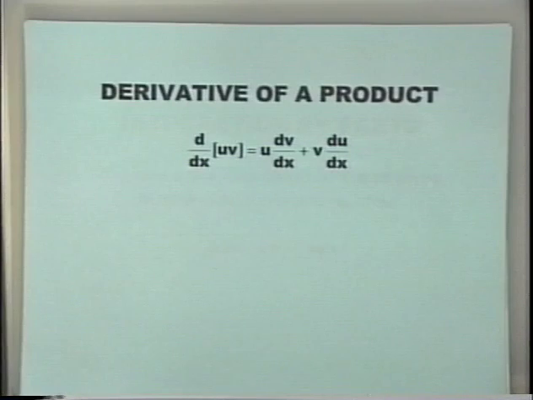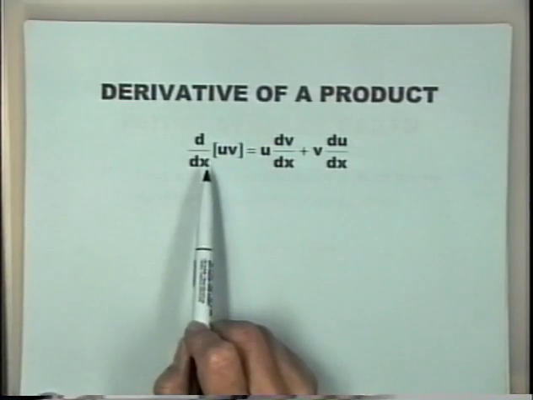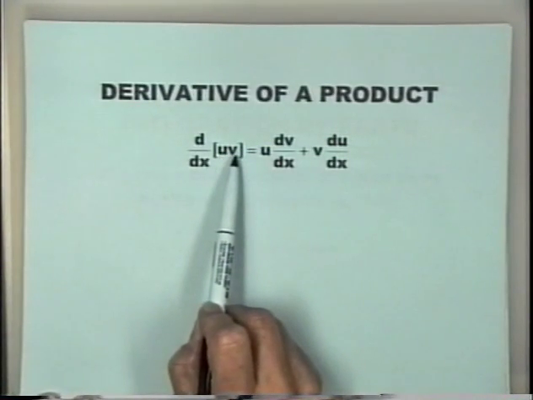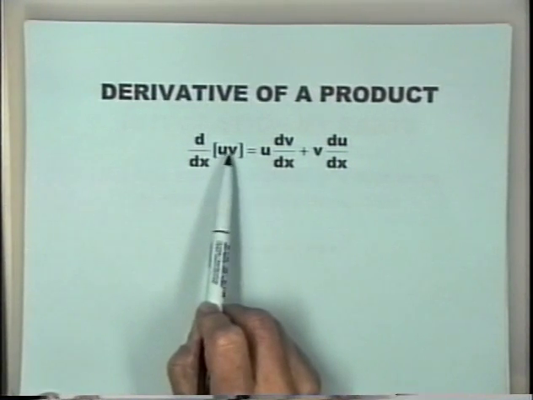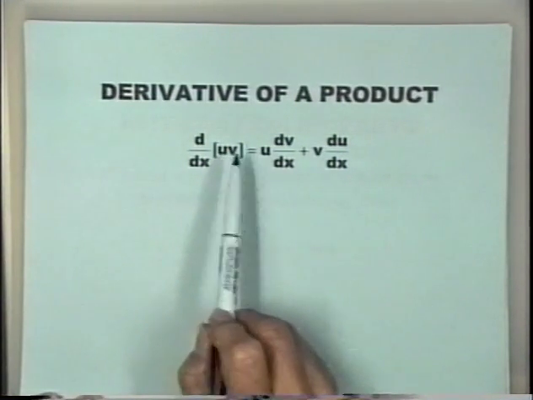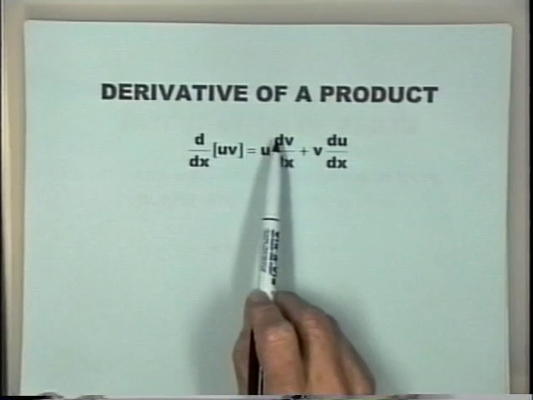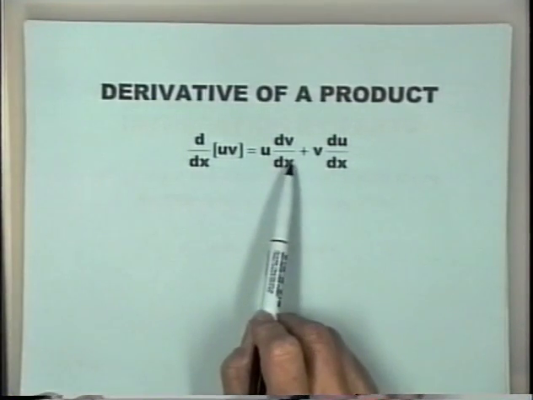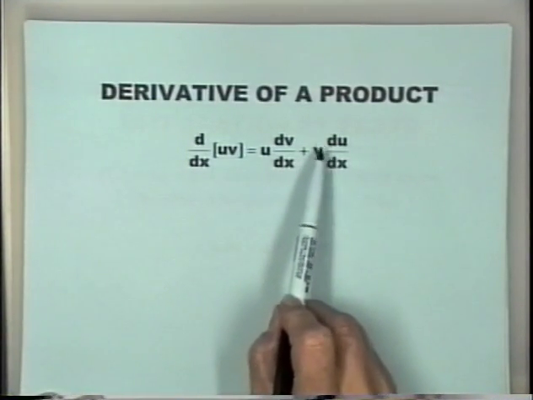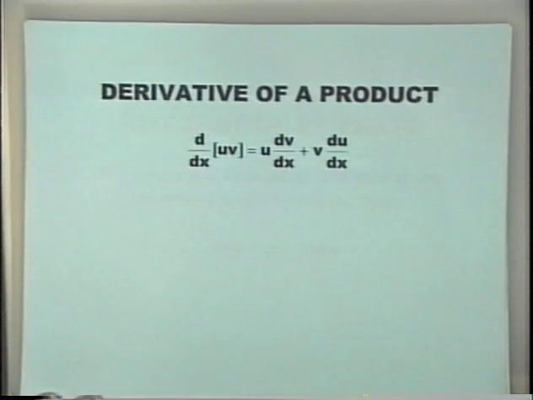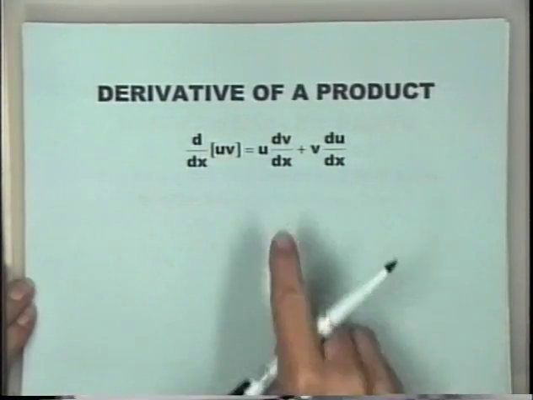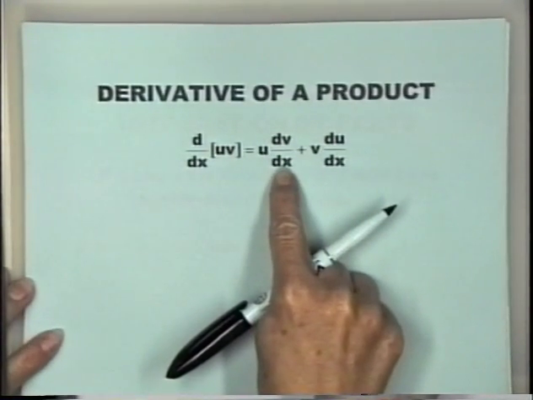The derivative with respect to x of u times v, and you're just assuming these are both functions of x here, equals u times the derivative of v with respect to x plus v times the derivative of u with respect to x. Now I'm going to take this formula and first of all just rewrite it a little bit. I'm going to solve for this term right here.